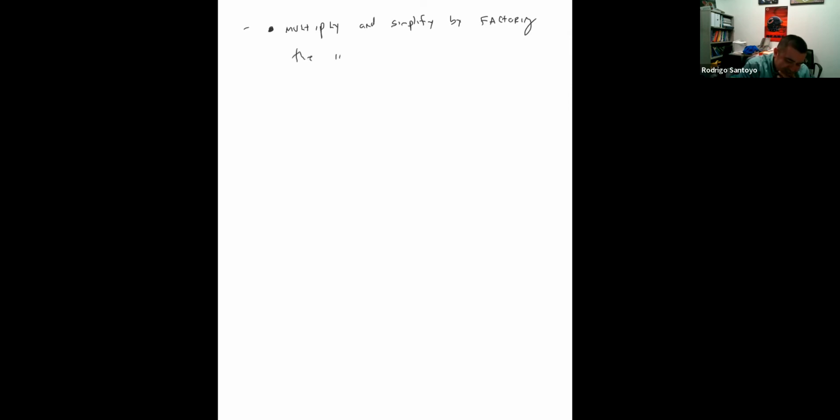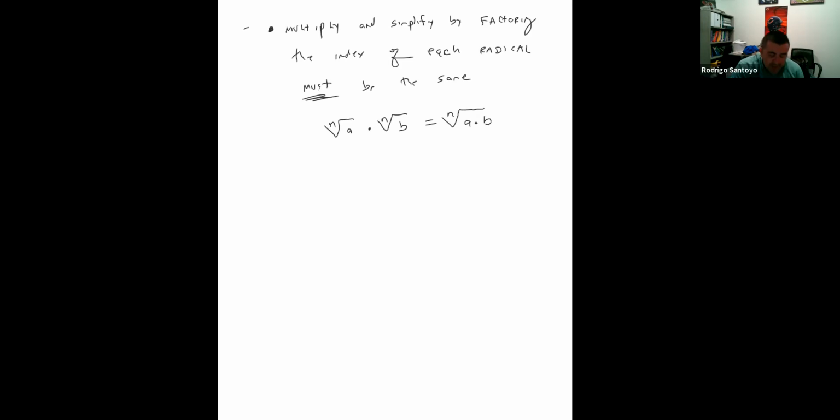the index of each radical must be the same. Right, the index of each radical must be the same. The general form tells us that if we have the nth root of a and we are multiplying it by the nth root of b, then we can multiply the radicands, keeping that index the same.